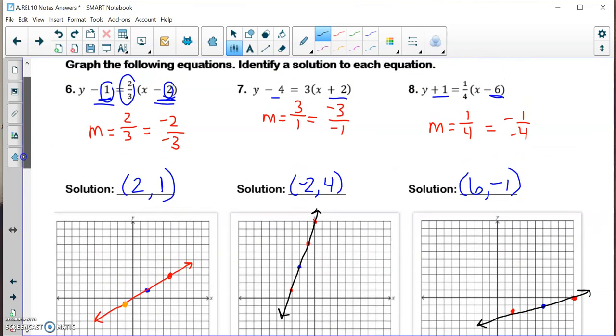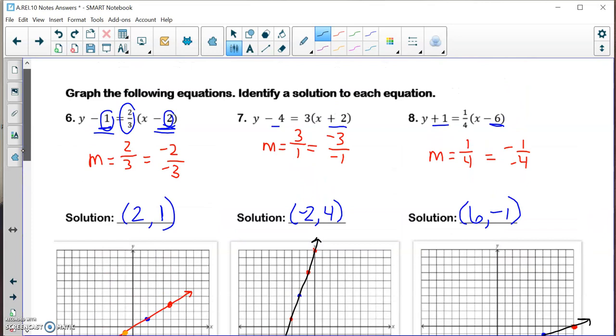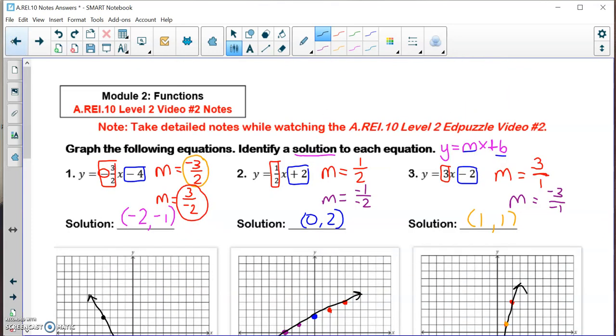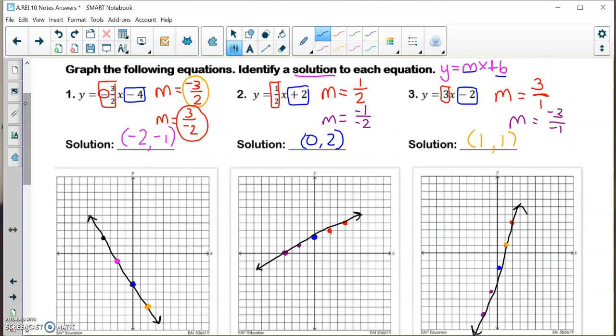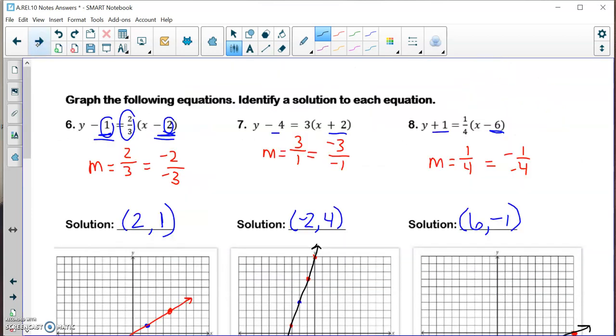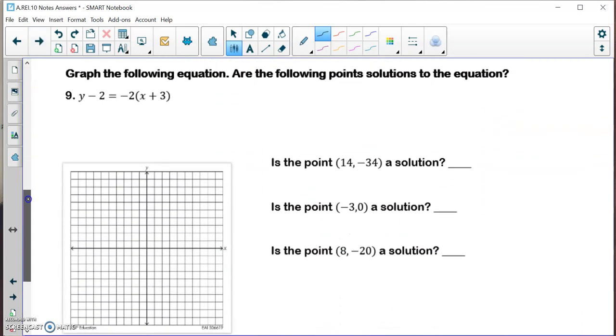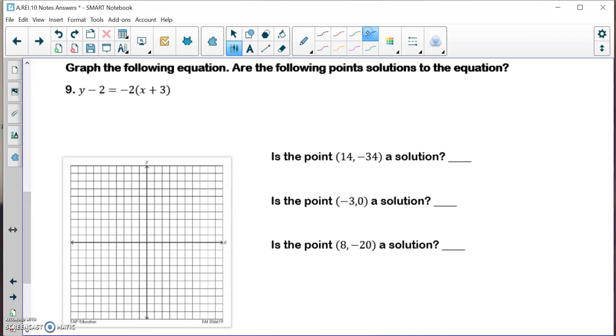Another way you could have done these is you could have put it into slope-intercept form. Remember, putting an equation in slope-intercept form, all you need to do is isolate y. And then once your equation is in slope-intercept form, you could have graphed it like numbers 1, 2, and 3. So it's up to you. All right, and then number 9, we're going to do this one.